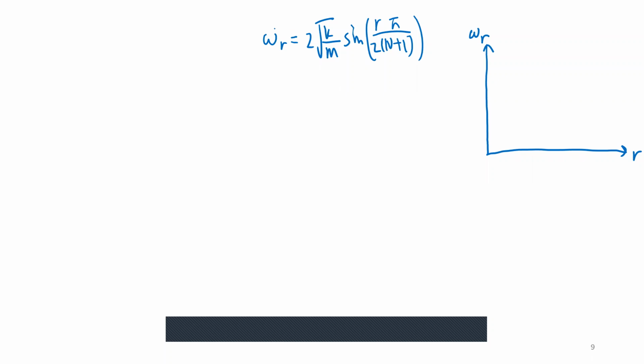So we plot it as a function of r, and you would get a shape like this. And then when r equals n plus 1, we have this value of omega r, but this just gives us a zero eigenvector, right?